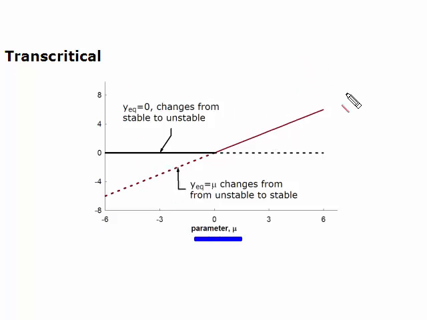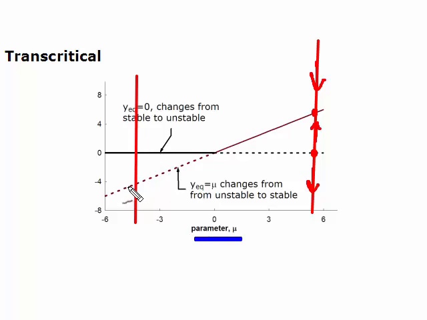And if we drew the phase lines, for example, if we drew a phase line here, we would have an equilibrium at y equals 0 and another equilibrium up here. And this one is stable. The arrows would point toward it, and this one, they'd be pointing away.